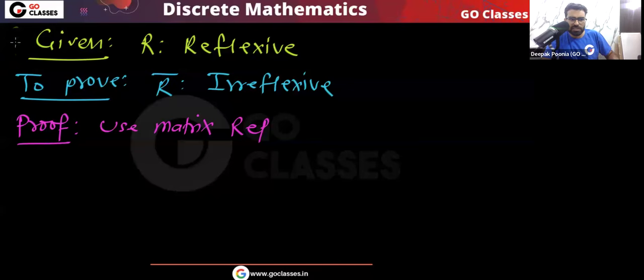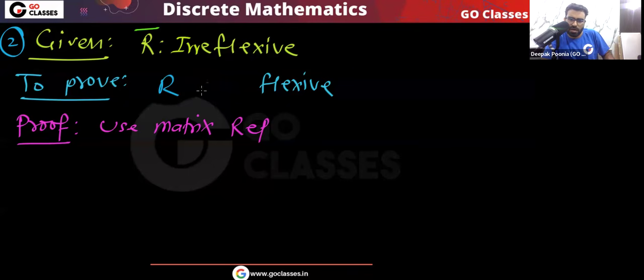Now, what about the second direction? In the second direction, it is given that R complement is irreflexive, and we need to prove that R is reflexive.